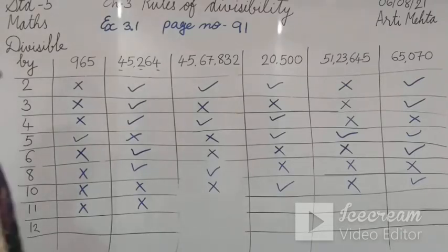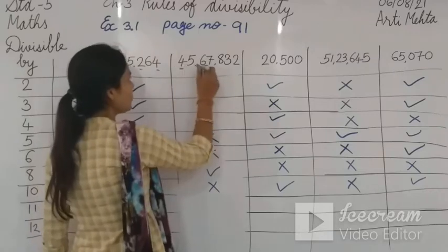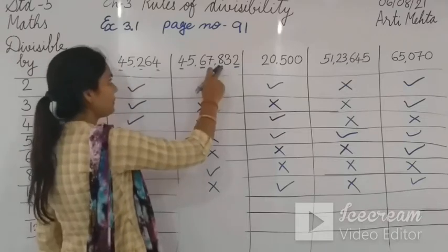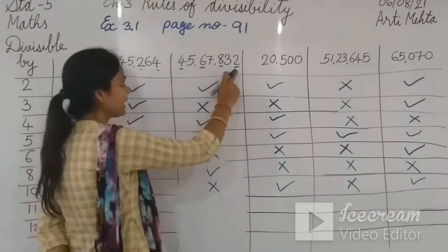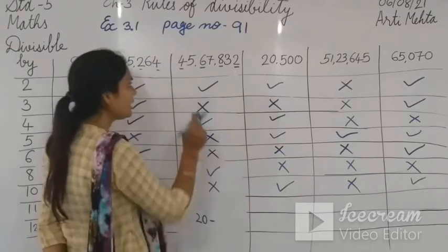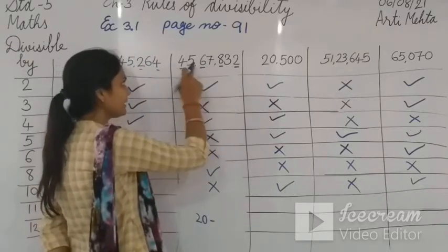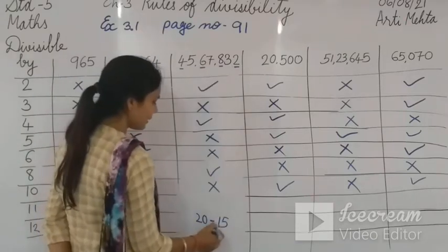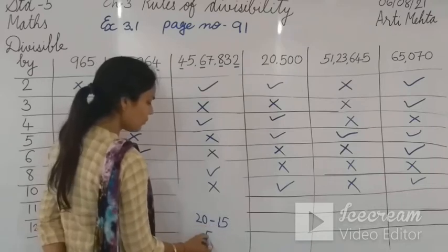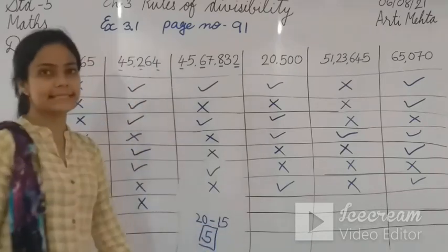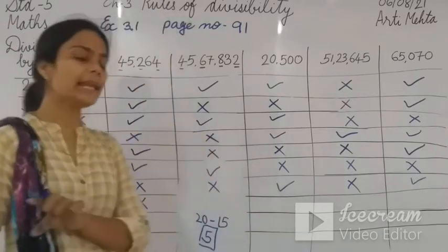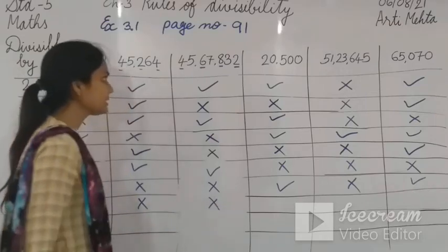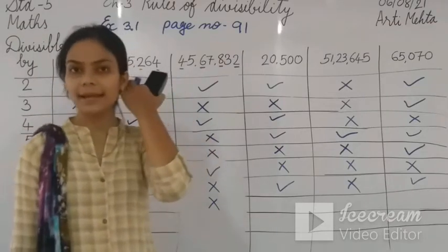Now this number we will count the odd places first. 4, 6, 8 and 2. 4 plus 6, 10. 5. ओके 5 है, 0 तो आया नहीं है। अगर 0 होता और 11 की डिविजिबिलिटी का नंबर होता तो हम यहाँ पे राइट टिक करते, but this is not, 5 cannot be divisible by 11.